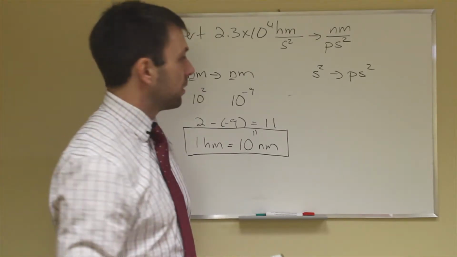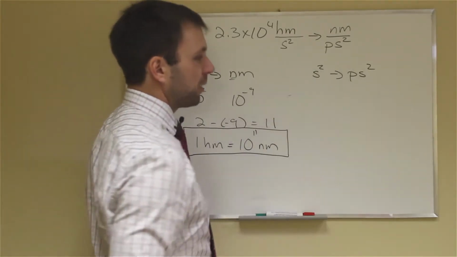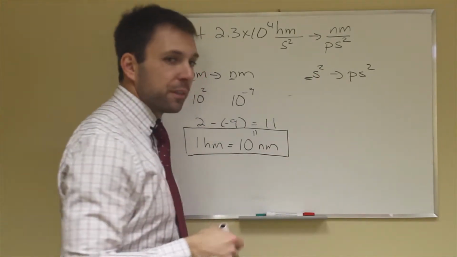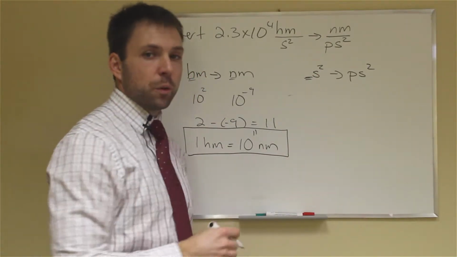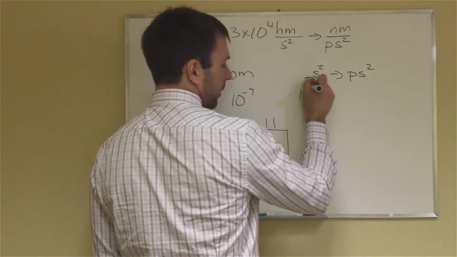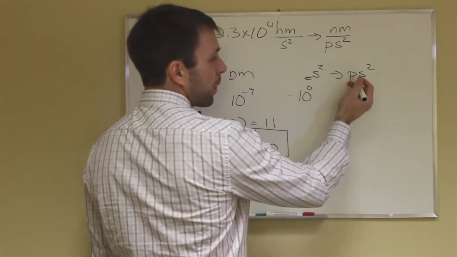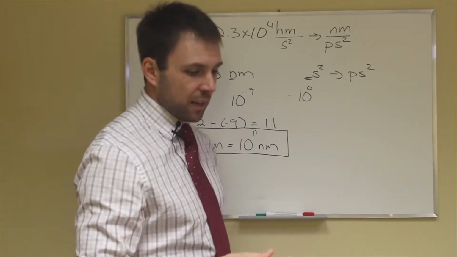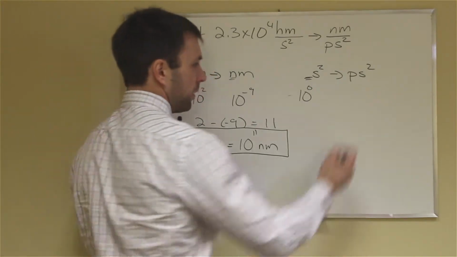The next thing I need to do is go from second squared to picosecond squared. There's no prefix attached to seconds, so we know that's unity, and that corresponds to 10 to the power of 0. Pico corresponds to 10 to the negative 12.